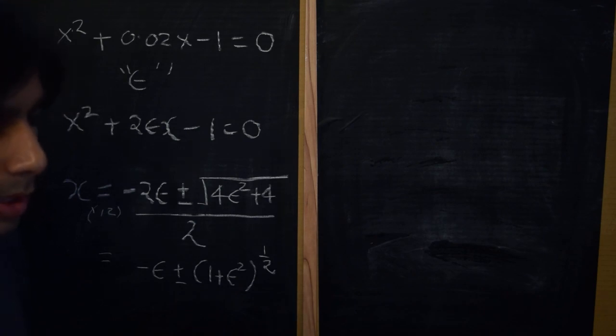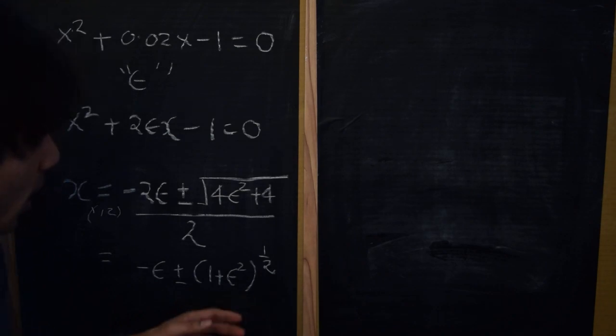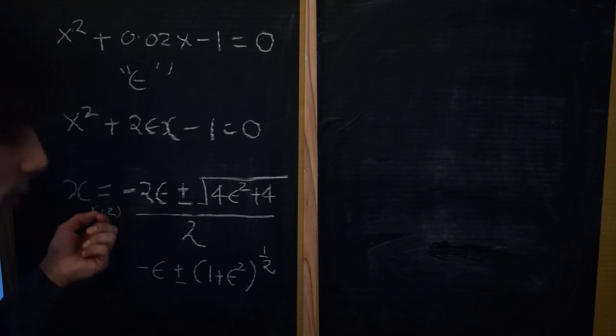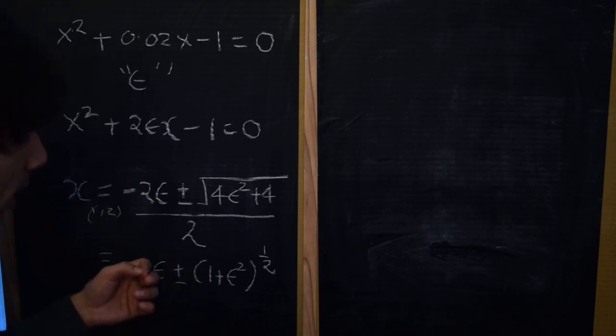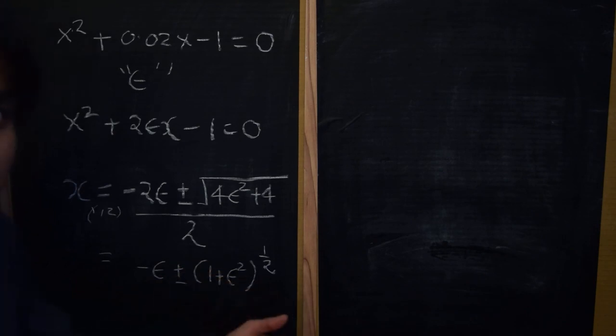Now, the basic motivation behind how perturbation theory works is that we'll not look at the exact solutions for x, but we'll approximate x in the form of a series expansion in powers of epsilon, which means in integer powers of epsilon.